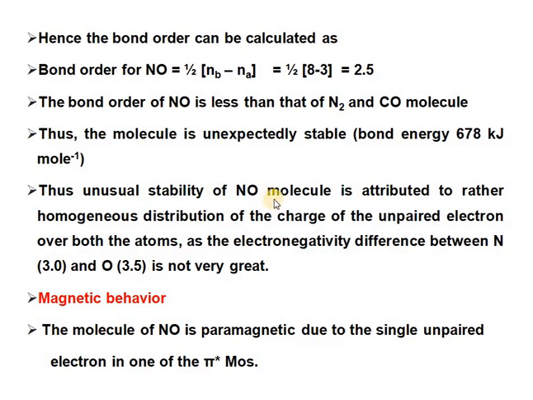This unusual stability can be attributed to the rather homogeneous distribution of the charge of the unpaired electron over both atoms, as the electronegativity difference between nitrogen and oxygen is small. As for magnetic behavior, nitric oxide is paramagnetic in nature due to the single unpaired electron present in the pi star 2py molecular orbital.